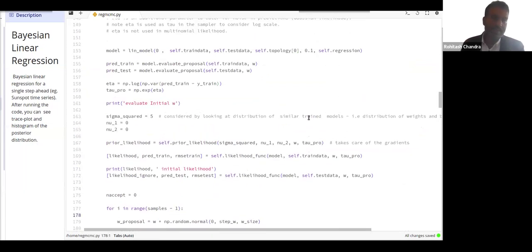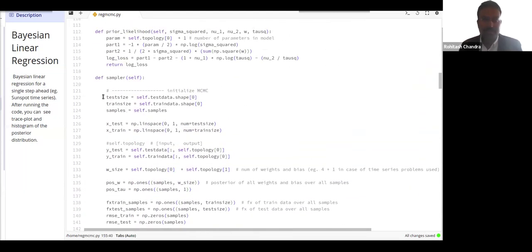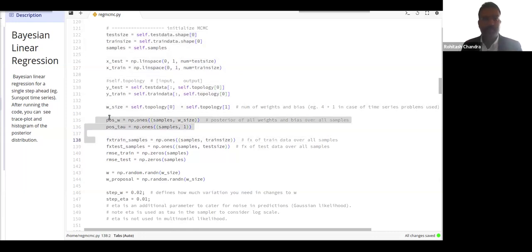So as I said yesterday, before the for loop, we initialize all the things needed, which includes looking for where the data is, what the model size is, and how we are going to save the parameters, the history of the posterior of weights and biases, and the history of the tau squared parameter. Then we need to initialize the weights.